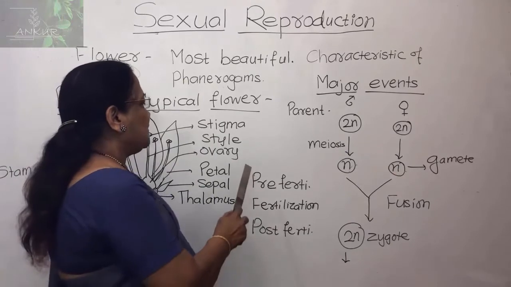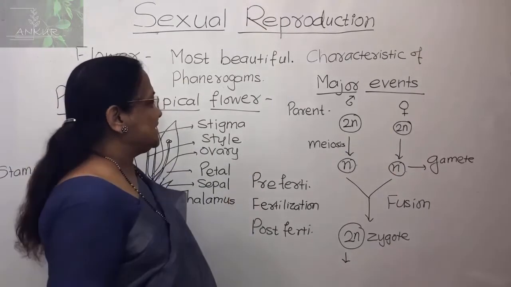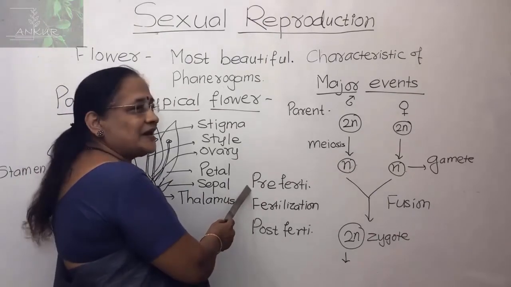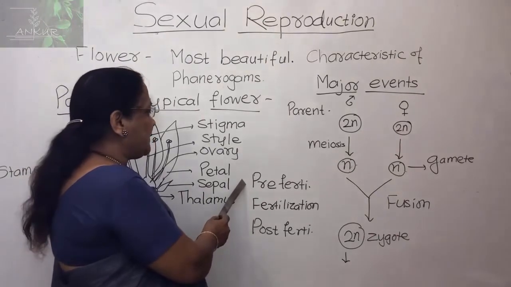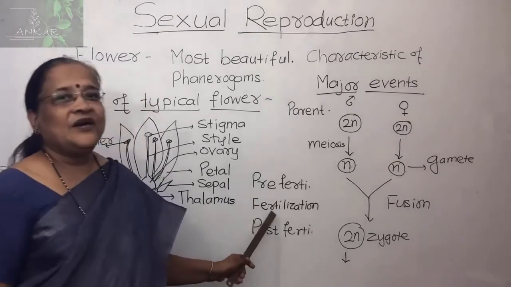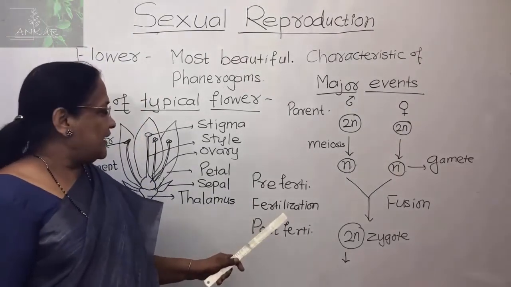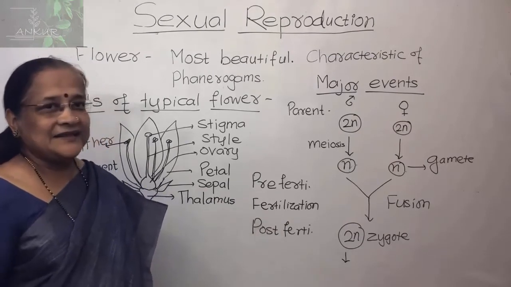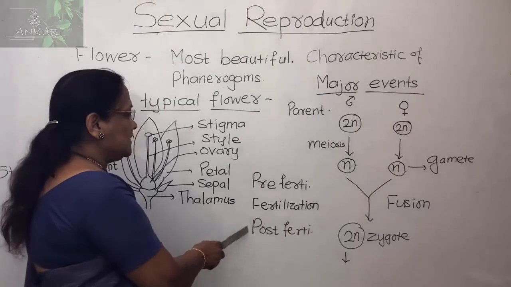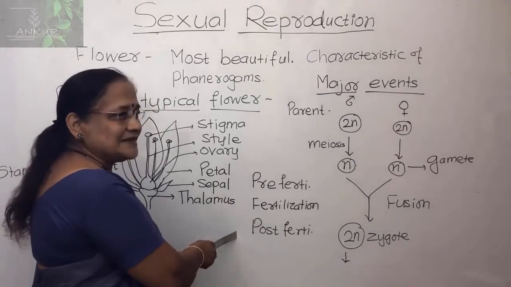So like that you get 3 stages in sexual reproduction: some changes before fertilization, which we call the pre-fertilization changes, then the actual process of fertilization. And next, after fertilization there are changes in the zygote, which we call post-fertilization.